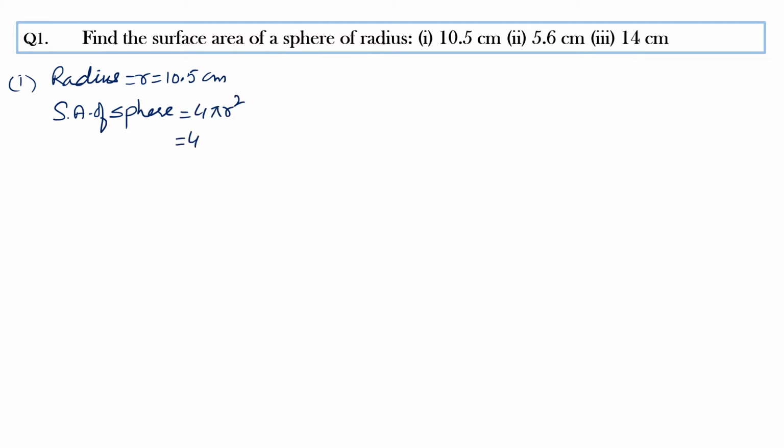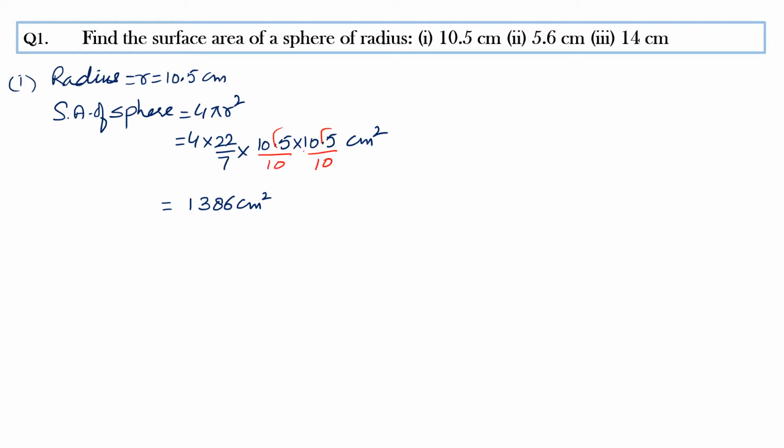So this is equals to 4, value of pi is 22 by 7, r square, that is 10.5 into 10.5 centimeter square. So on multiplying all these we get the answer, and its answer will be 1386 centimeter square. You can remove the decimal and do the calculations yourself.